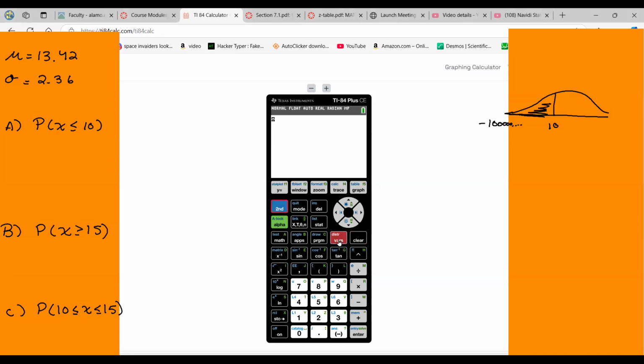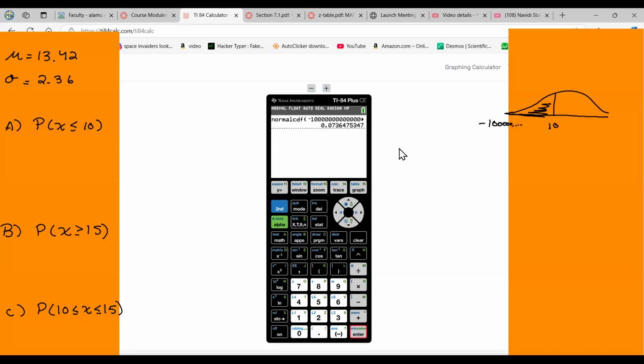So second VARS, we want to go to number 2, normal CDF. My lower bound will be, remember, using this negative down here, -1, and then just start entering in zeros. And then we're going to put in 10 here. Our mean now is 13.42, and my standard deviation is 2.36. So we have to just change all that information.